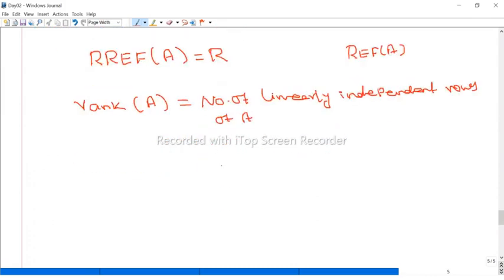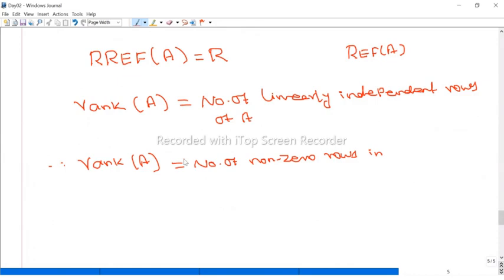Now we define a new definition using the row echelon form. The rank of the matrix A is the number of non-zero rows in the echelon form, because every matrix has an echelon form.